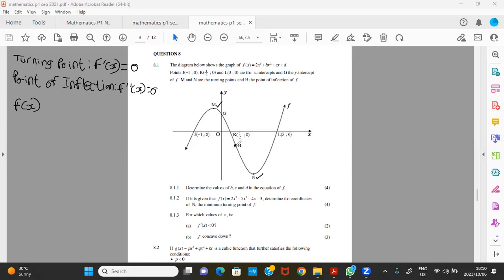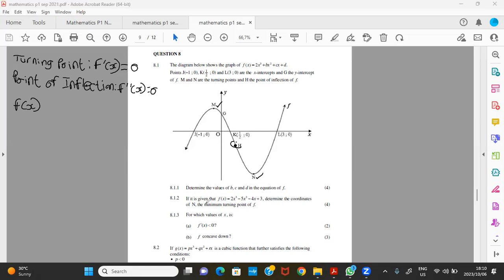So at the point of inflection, it is neither of the two: not concave up and not concave down, because that's where concavity changes. Sharp. Let's now go to 8.1.1.